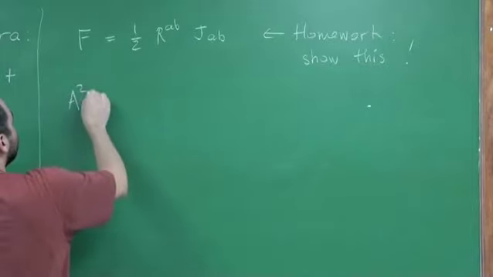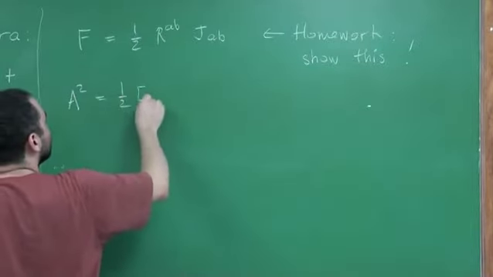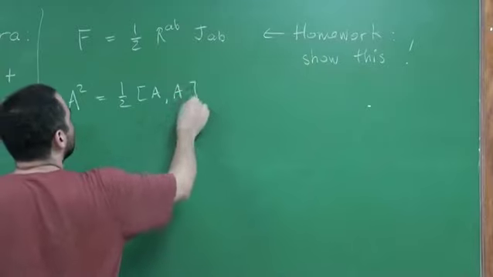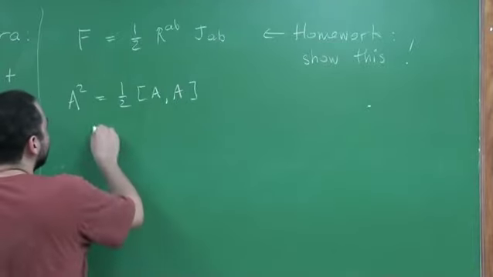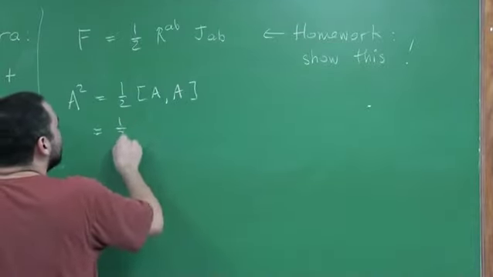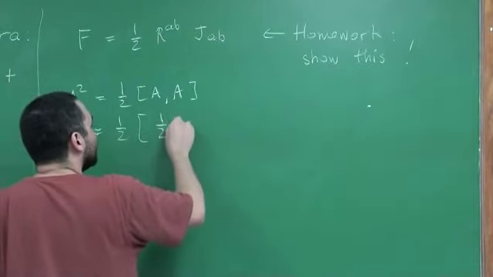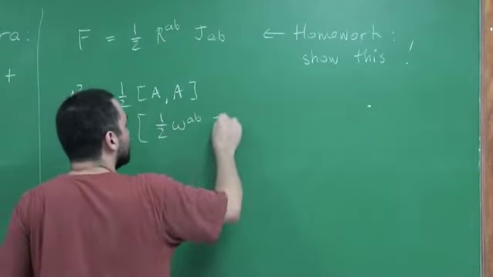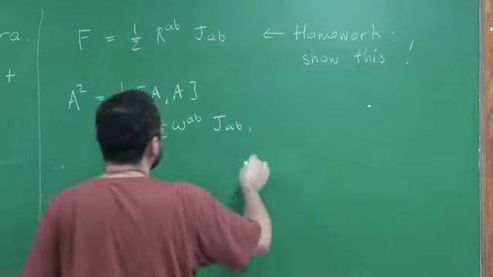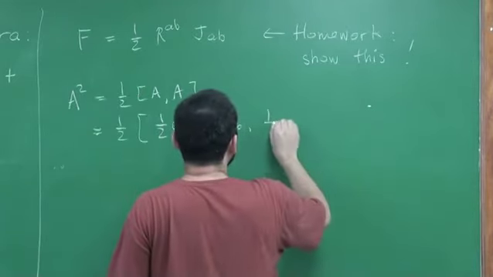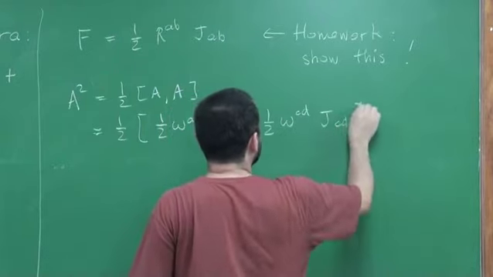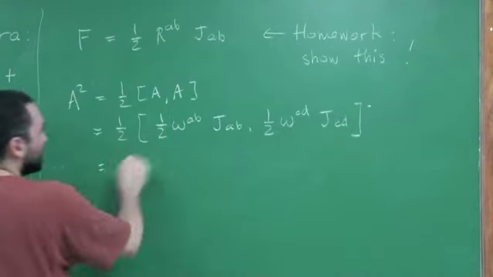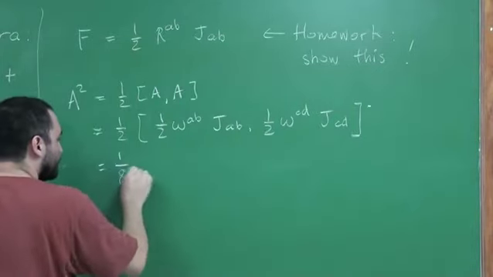A squared is actually, this is not zero because... and so you take the one forms out.